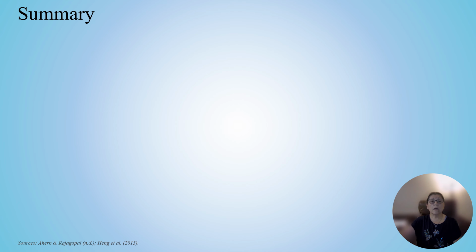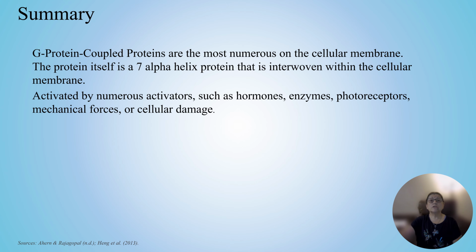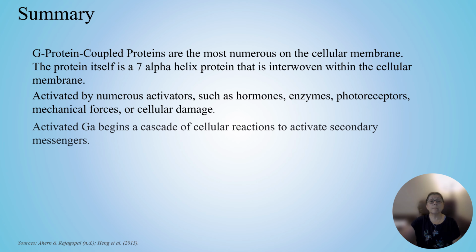In summary, the G protein-coupled receptors are one of the largest and most important receptor families found in the cell membrane. The GPCRs are known as the 7-transmembrane alpha helix protein that weaves through the membrane and allows the cells to respond to a wide range of stimuli, including hormones, enzymes, light-sensitive receptors, mechanical forces, and signals related to cellular damage.